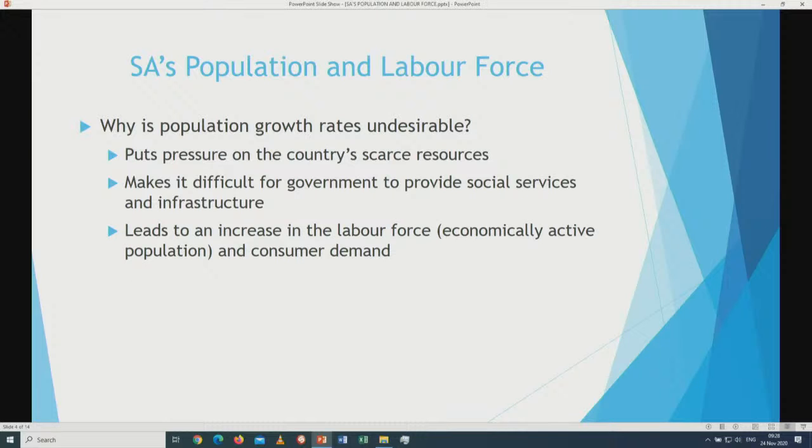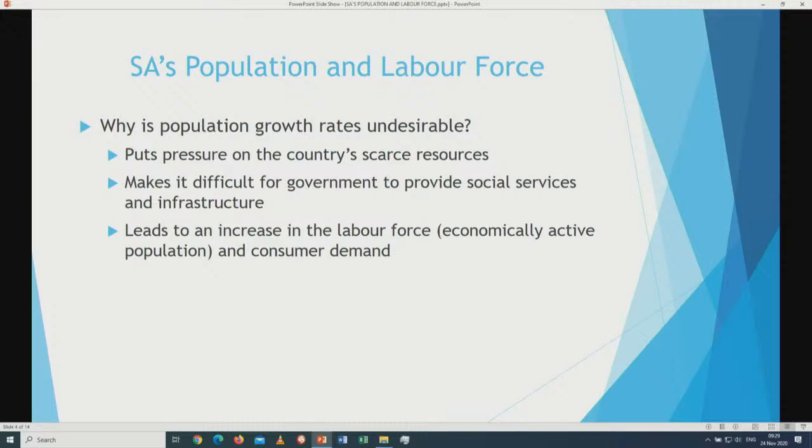Then the other reason why we do not really favor high population growth rate is that it leads to an increase in the labor force, which is something not necessarily negative. When we talk about the labor force, we refer to what you know as the economically active population. So when the population of the country increases, then that particular section of the population, the economically active population, will also grow, right?